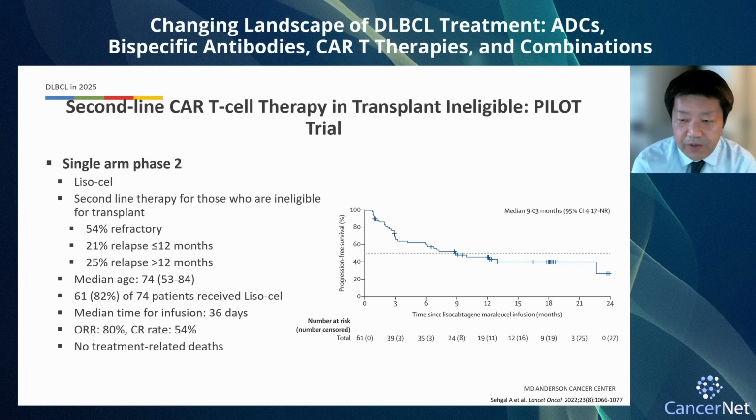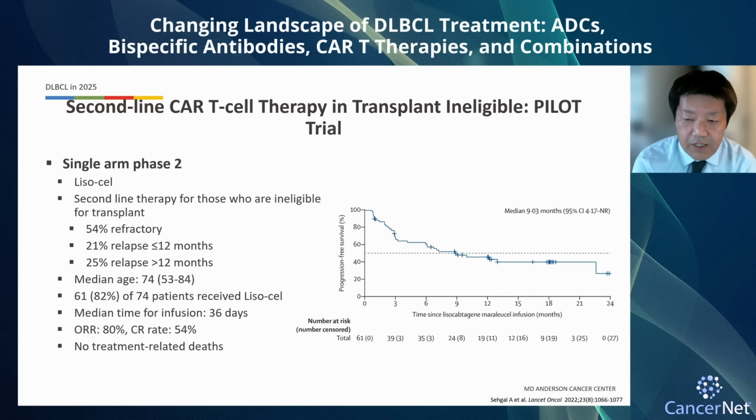Now, what about patients who are not eligible for transplant? That question wasn't directly addressed in the 3 randomized phase 3 trials that we just reviewed, because all patients needed to be transplant eligible to be eligible for these trials. However, there was a single-arm phase 2 study evaluating liso-cel as a second-line or later therapy in transplant-ineligible patients.